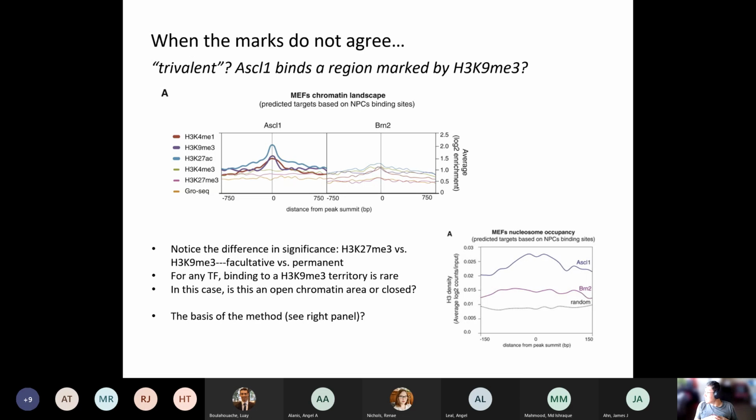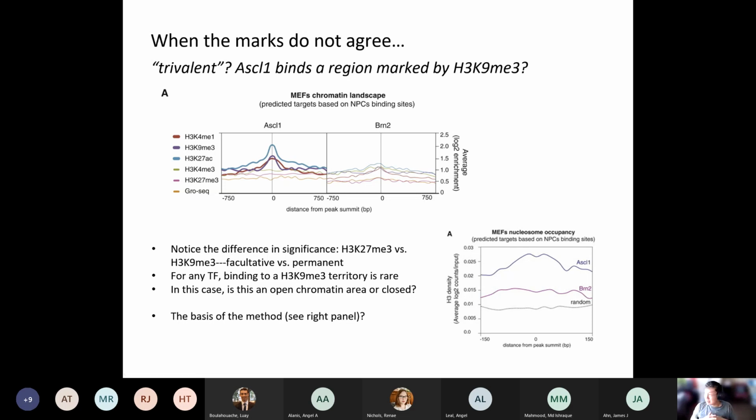And then they did this H3 density staining to see the nucleosome occupancy, because they want to really appreciate whether this is open chromatin or closed chromatin. They use the histone modification as an indicator, but that is only an indicator. It's indirect evidence. So they studied nucleosome occupancy directly.